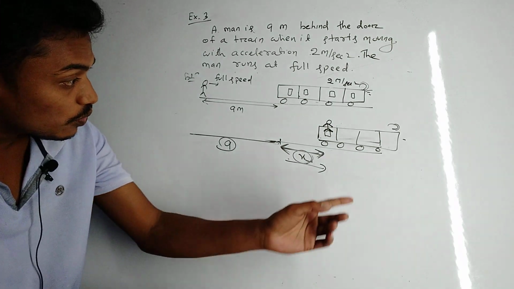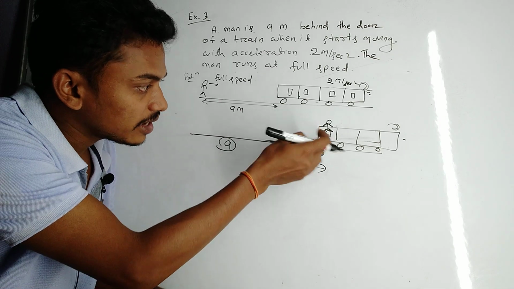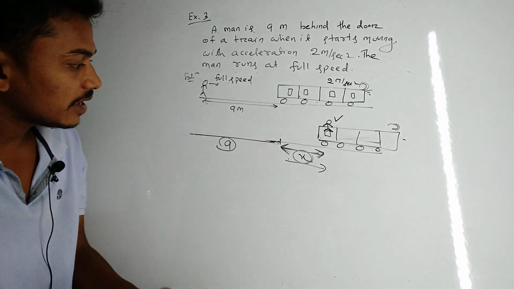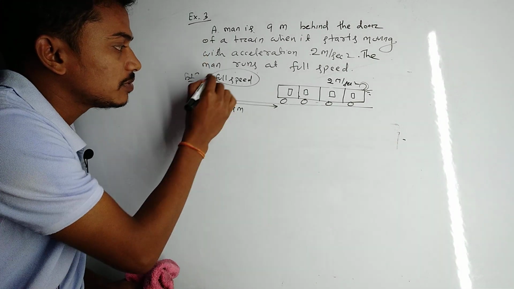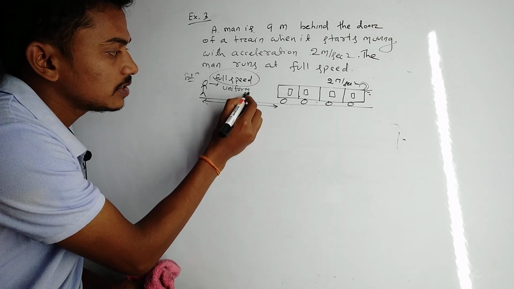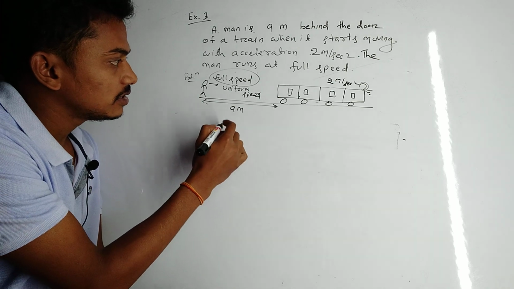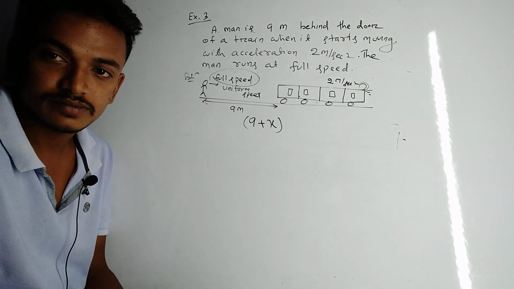When the man gets into the train, the velocity of the man and the train should be equal, say v. Here full speed means uniform speed. So the man moves with a uniform speed through a distance 9 plus x meter.